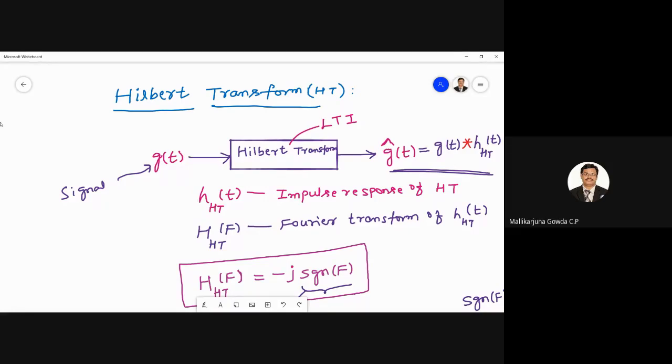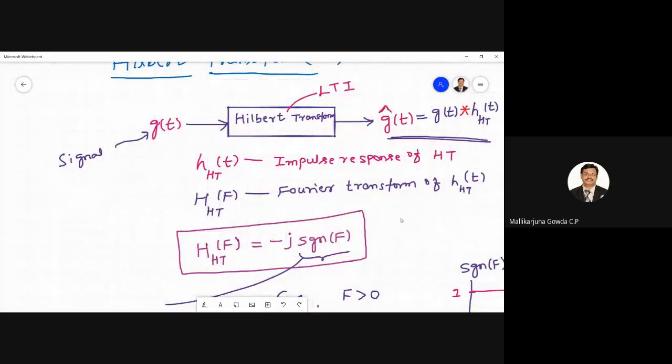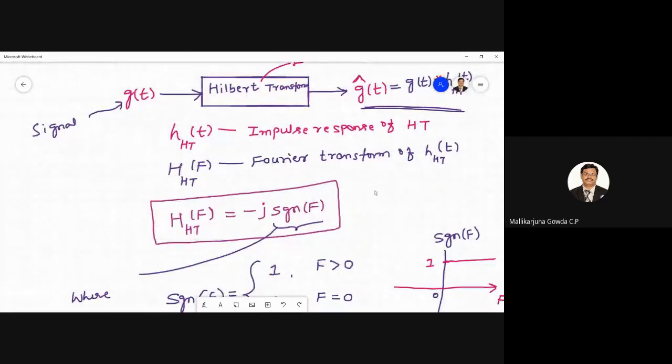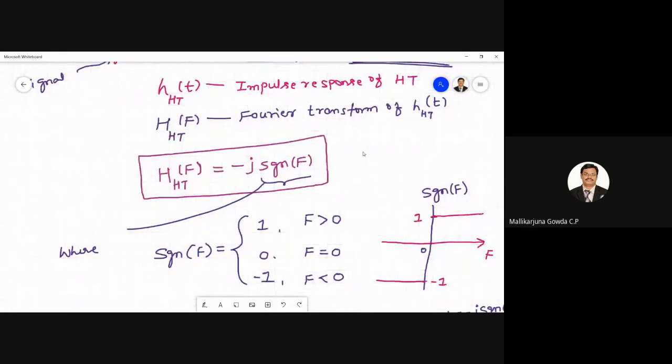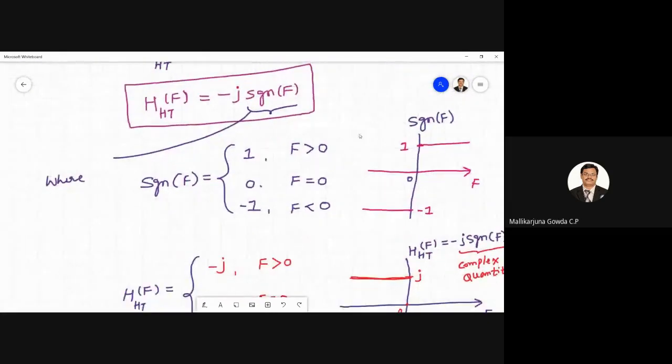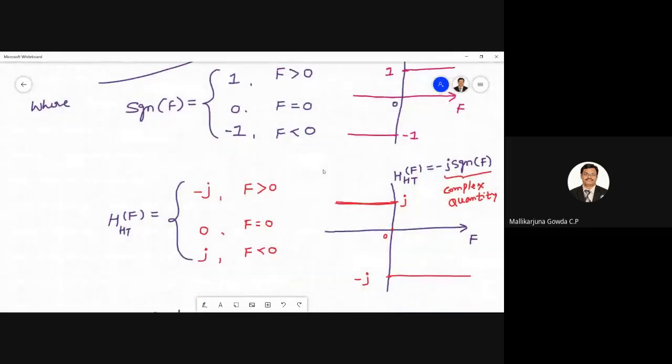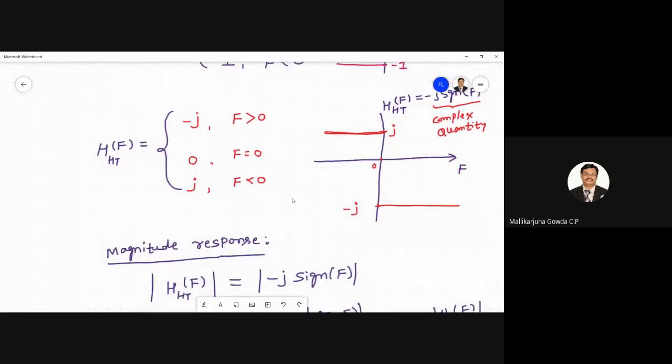So in the last class, I said this is the Fourier transform of the impulse response of the Hilbert transform, which is equal to minus j sgn of f, right? I started defining what is the sgn function. Then we discussed the Fourier transform of the impulse response. It is basically a complex quantity, right?